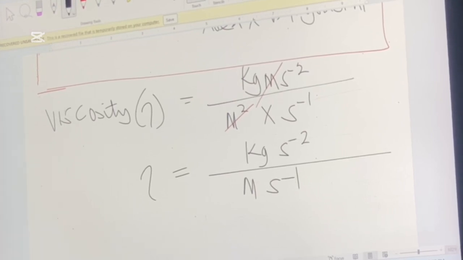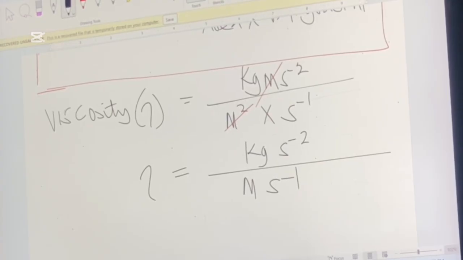Now, there's something you have to understand here in terms of units. Please listen to me carefully. Whenever you want to express the final answer of any unit at all, it must be expressed in a linear form.